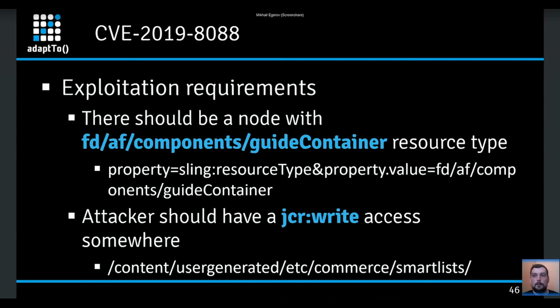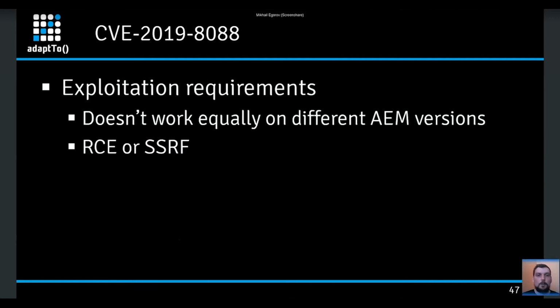And we can create a GCR node that satisfies our requirements. As we've already discussed, this vulnerability doesn't work equally across different AEM versions. In some cases, you can achieve remote code execution. In other cases, only server-side request forgery attacks are possible.